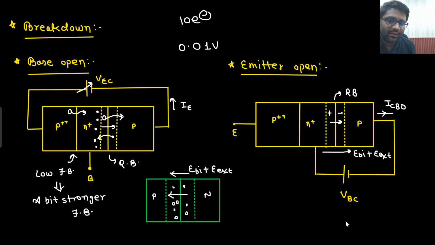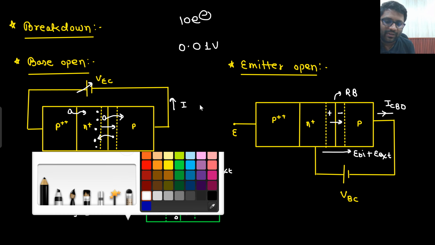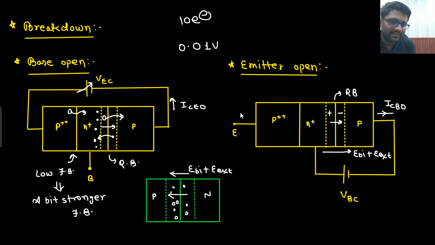When there is no breakdown, what kind of current would flow? ICEO, collector to emitter current when base is open circuited. This current would flow, right? We had a very low forward bias. Also I said that ICEO would be more than ICBO. Why is it more? Because some holes will be coming here as well.